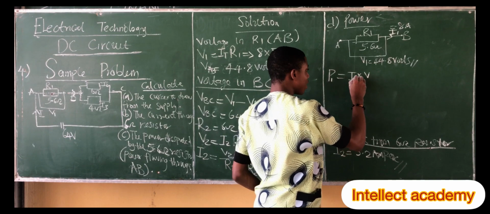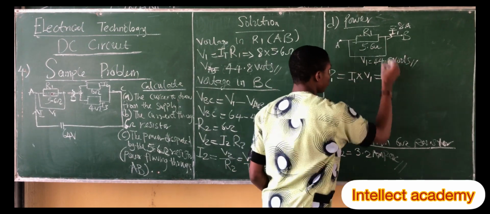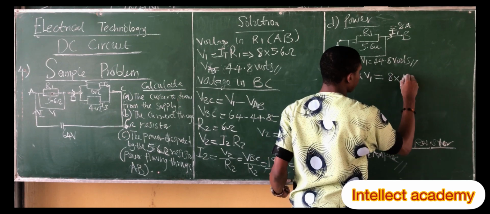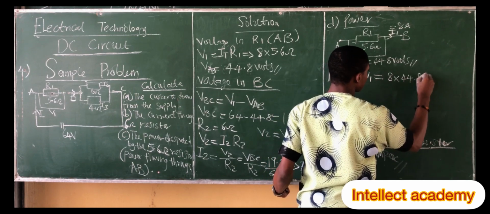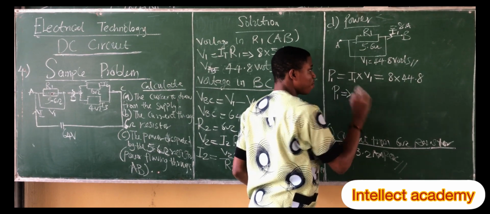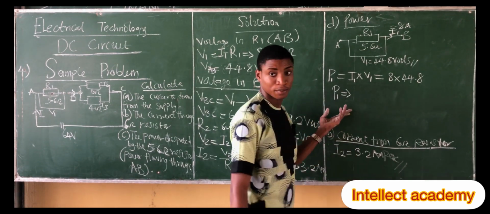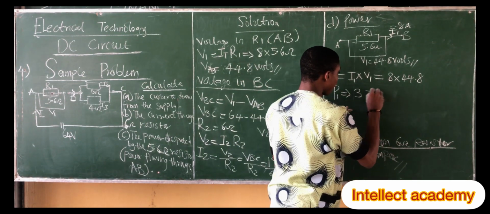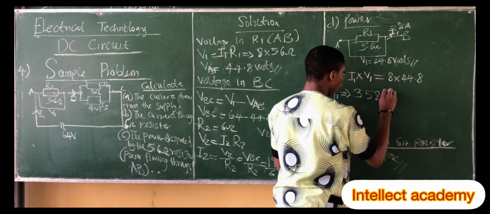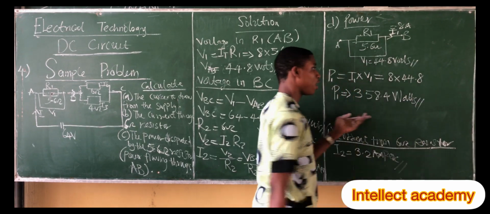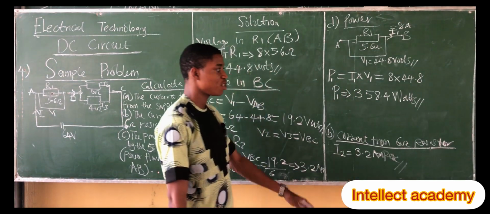So we're using I1 and V1. We know this as 8 multiplied by the voltage, 44.8. So therefore, the power dissipated from the 5.6 ohms is 358.4 watts.